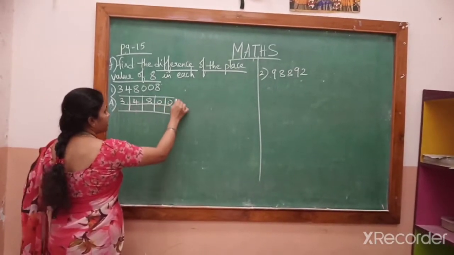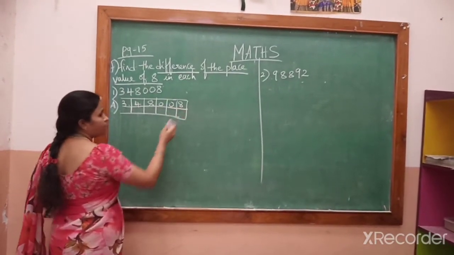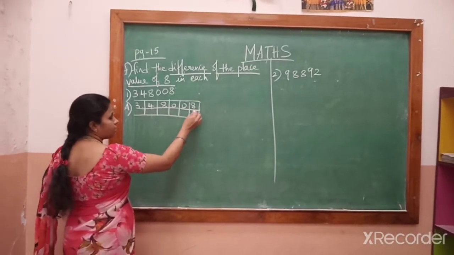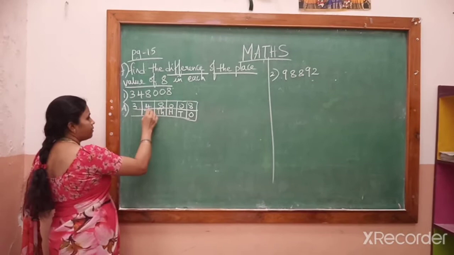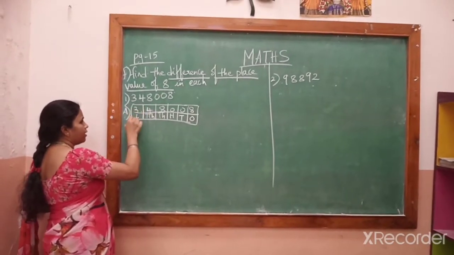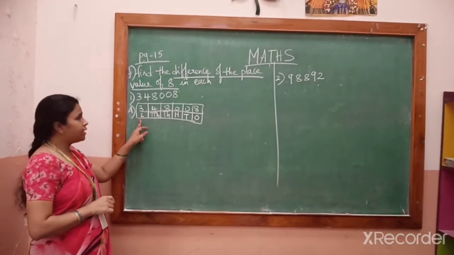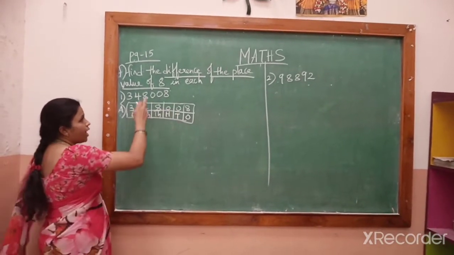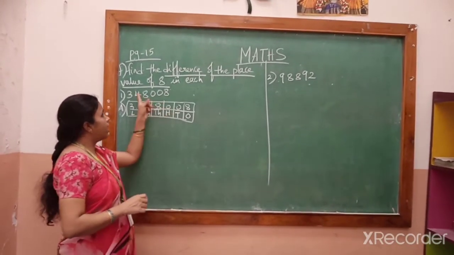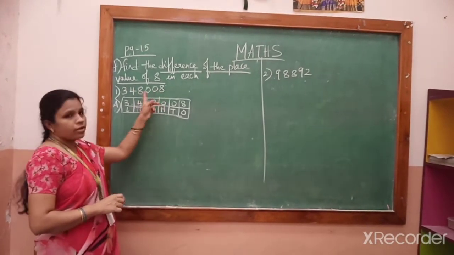Start with ones, tens, hundreds, thousand, 10,000, lakh. So here we have up to lakh. 3,48,008 is the number.